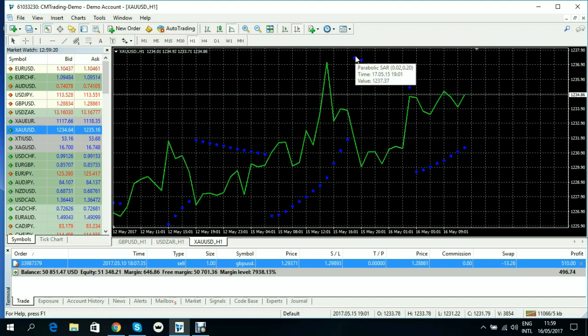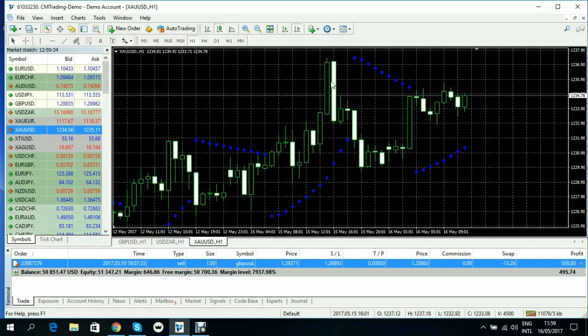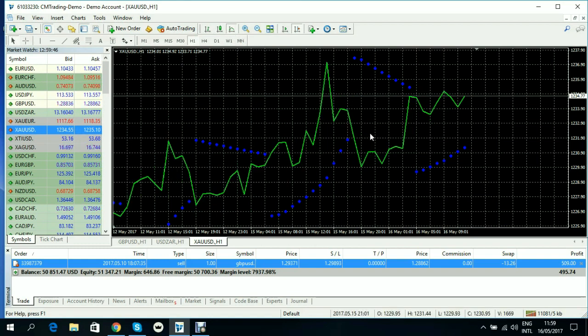When the dots or the points appear above the price trend or the candlesticks, then it is a sell signal.